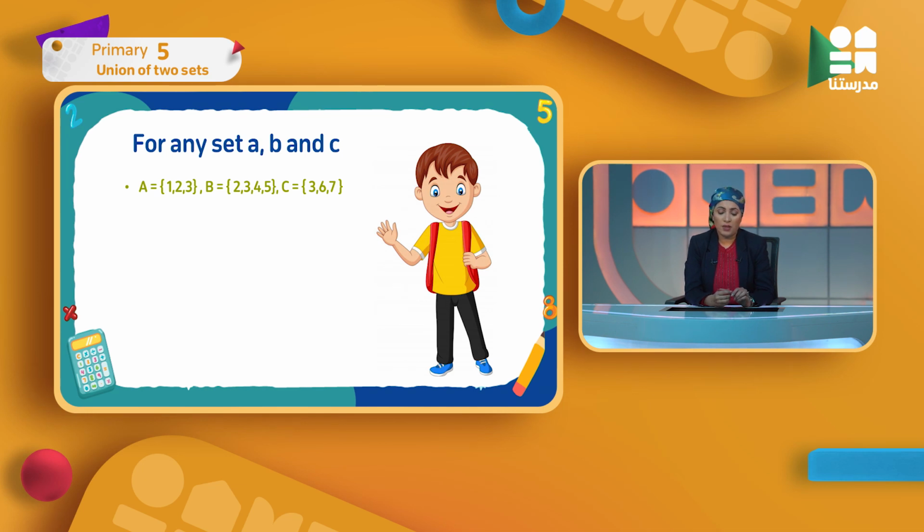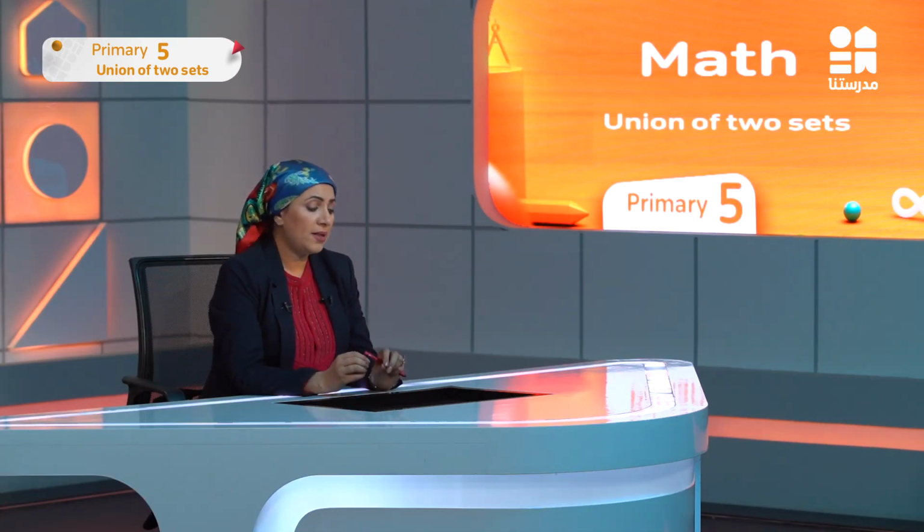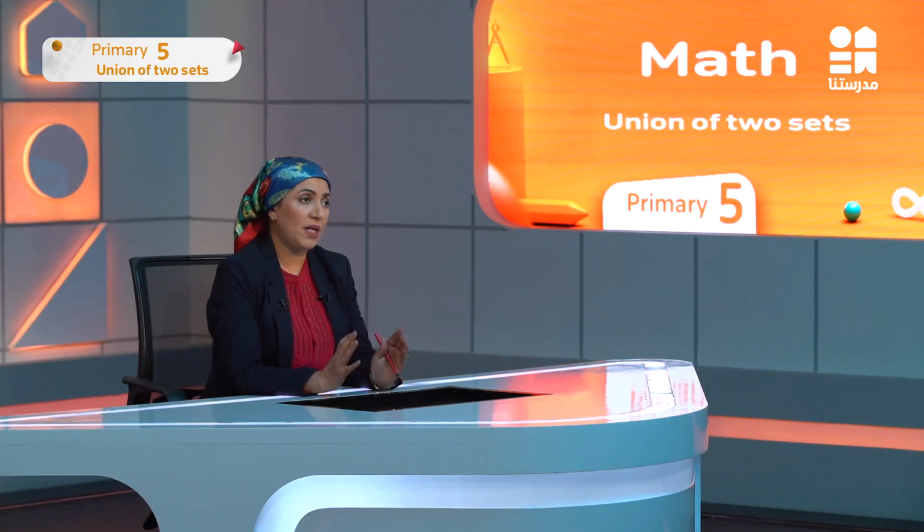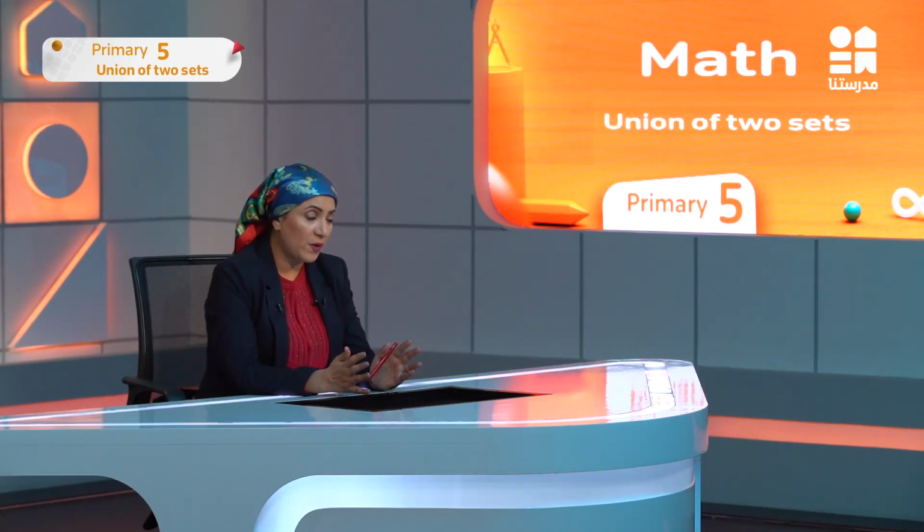I want to know A union B union C equals what? First, I get A union B because I have to deal with the brackets first, and then with the answer when I get it, I take its union with C.